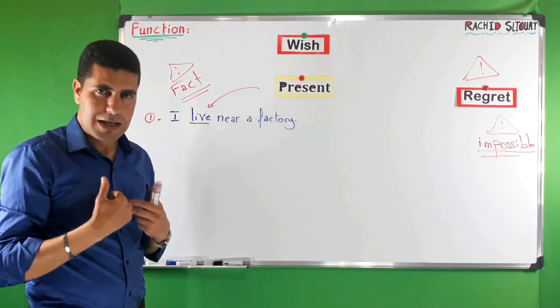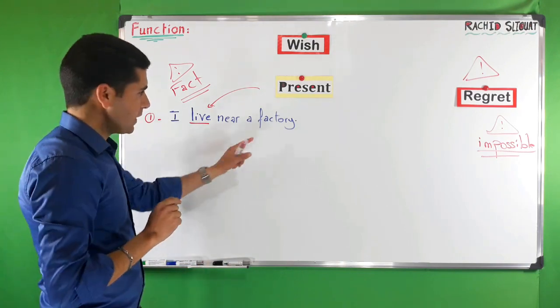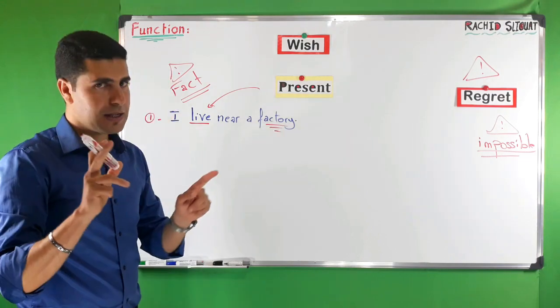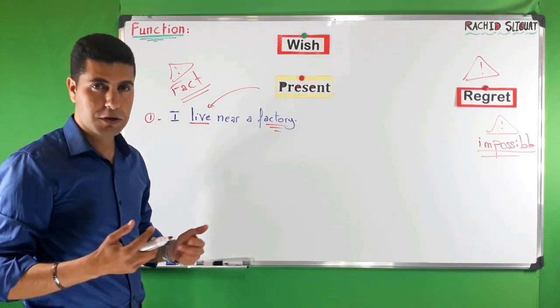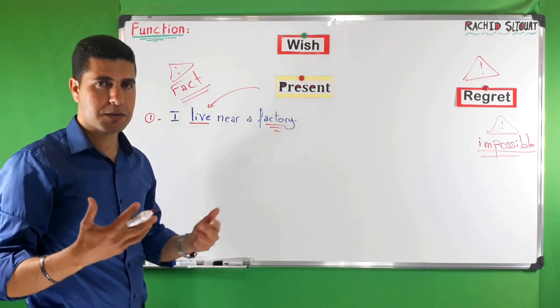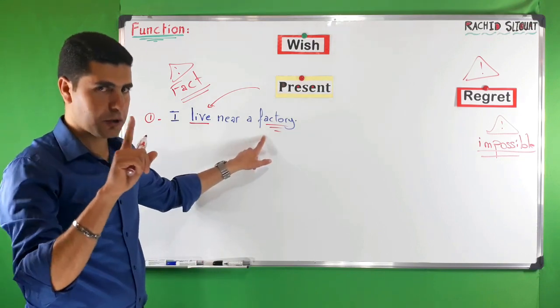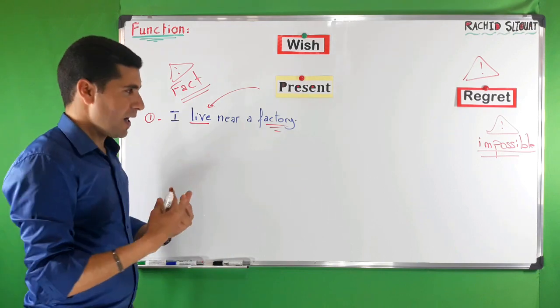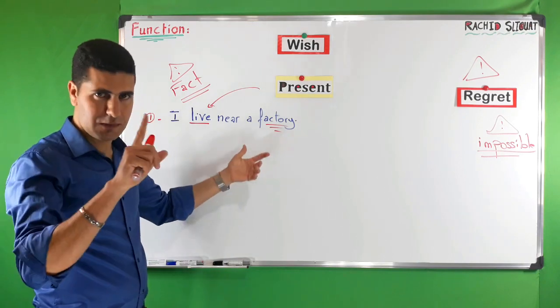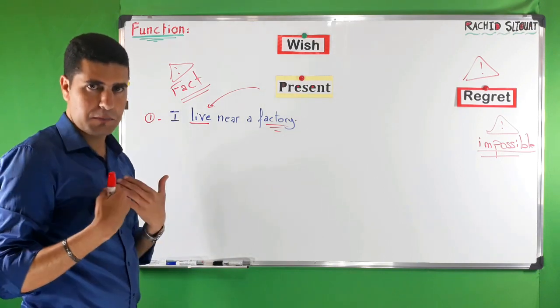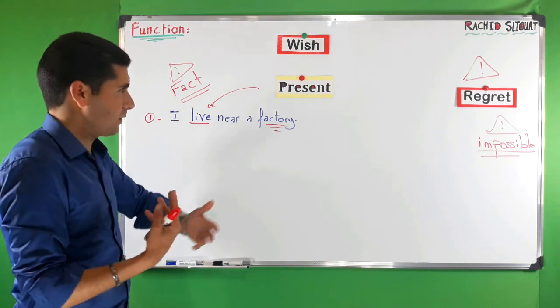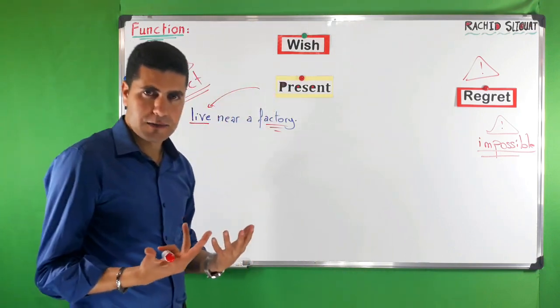Now, the question: is it good to live near a factory? It's not good, perhaps because of pollution or noise or whatever. So it's not good to live near a factory. As long as it's not good for me, I can express a wish or a regret about it, okay?